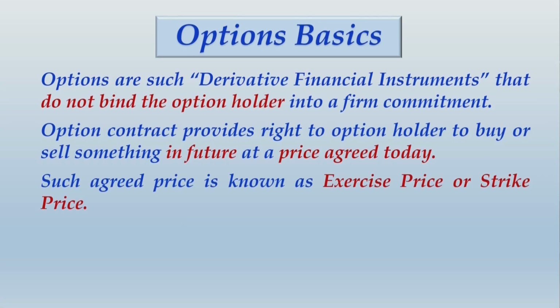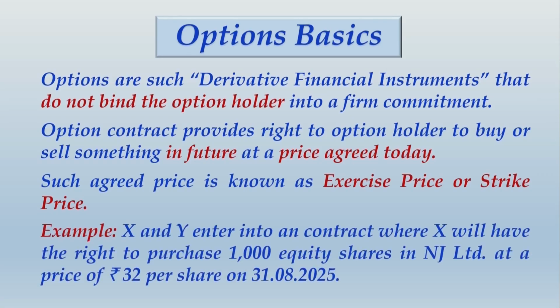Let us take an example to understand the whole matter. X and Y enter into a contract where X will have the right to purchase 1000 equity shares in NJ Limited at a price of rupees 32 per share on 31/8/2025. Right now, today, when I am discussing this concept with you, it is mid June 2025.